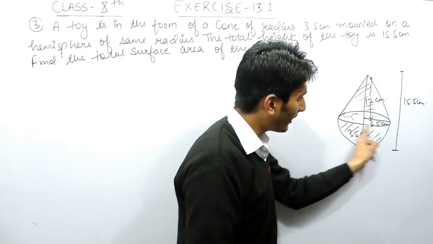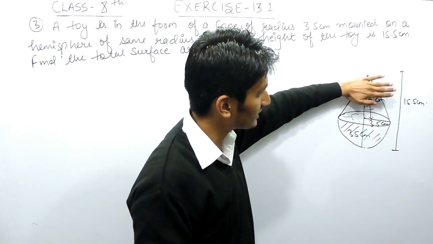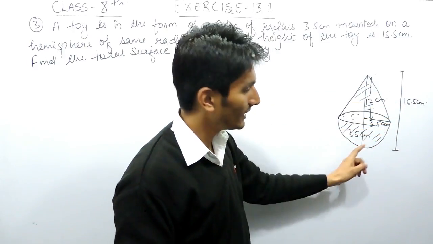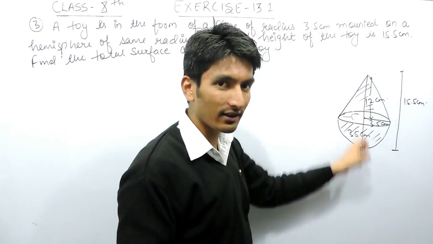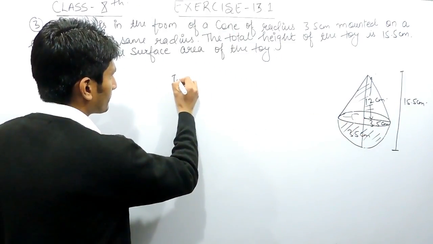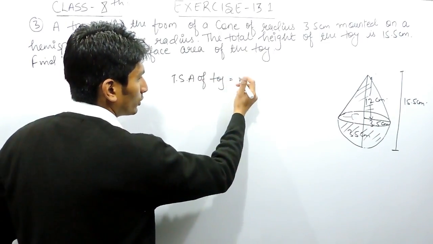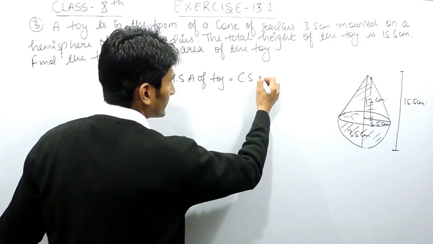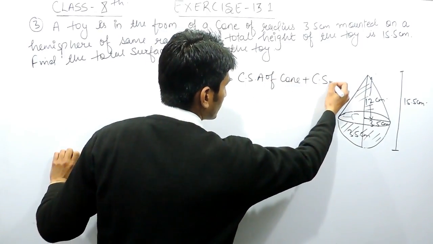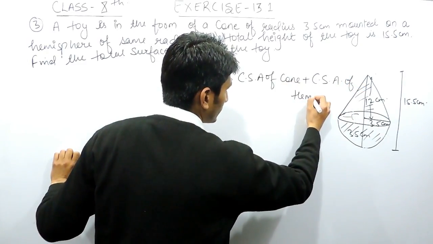So we don't have to find out the total surface area of each solid, but what we need to do is find the curved surface area of this cone plus the curved surface area of this hemisphere and add. So the total surface area of this toy will be equal to the curved surface area of cone plus curved surface area of hemisphere.